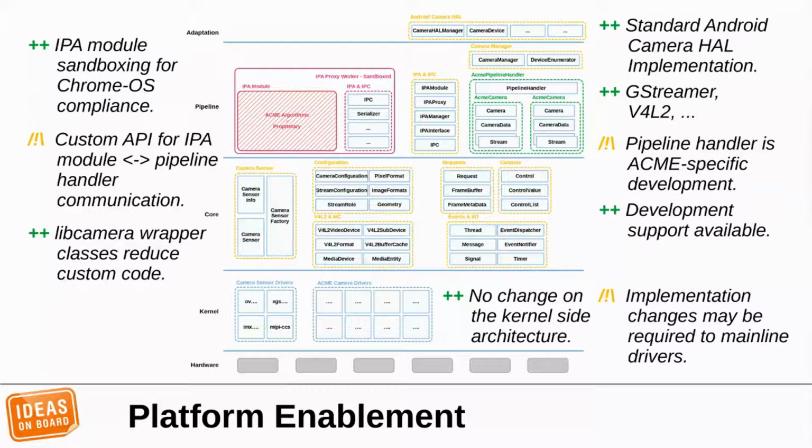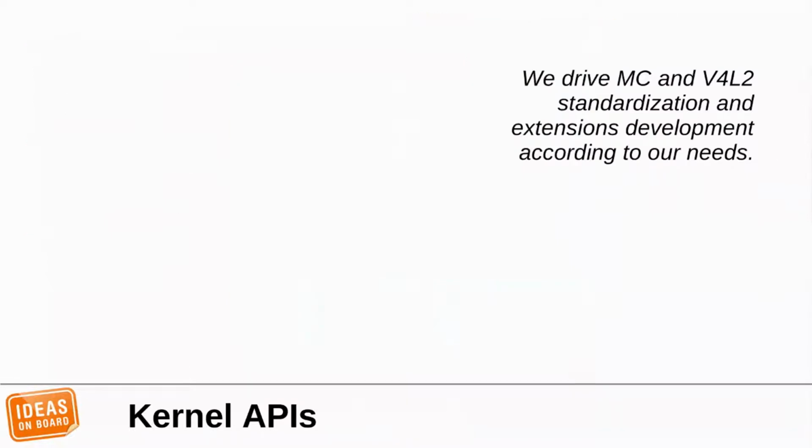That's not where the complexity of the algorithms lies, and that's not what vendors usually want to keep secret. But by having this split between those two different components, we can ensure that at least the hardware configuration part there is open.